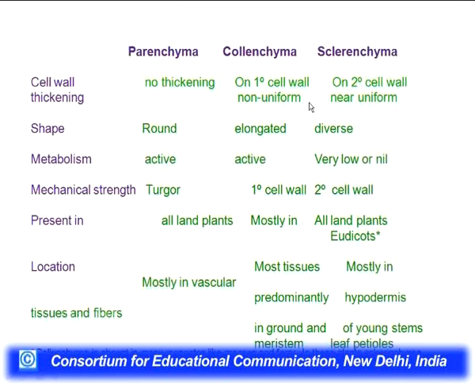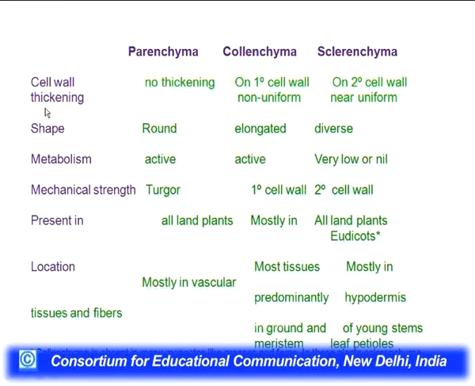So, they do not divide anymore like Collenchyma or Sclerenchyma. If you look into the differences between Parenchyma, Collenchyma and Sclerenchyma, there are many differences. The one I just told you is about division: Parenchyma divides, but not the others. But there are many other differences. Like cell wall thickening.